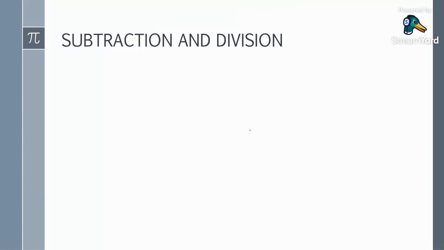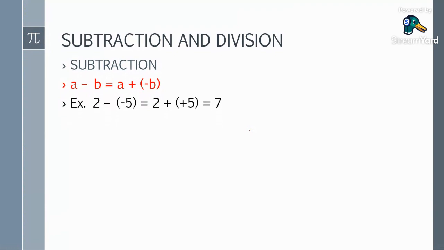So for subtraction and division, subtraction: A minus B is equal to A plus negative B. For example, 2 minus negative 5 is equal to 2 plus 5. As you can see, the negative sign here becomes positive. It's a changed sign.